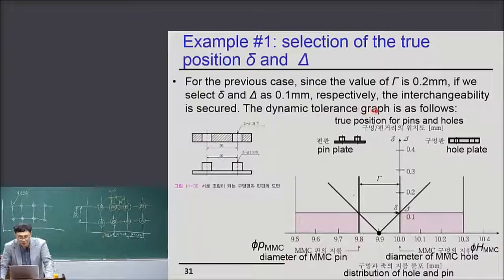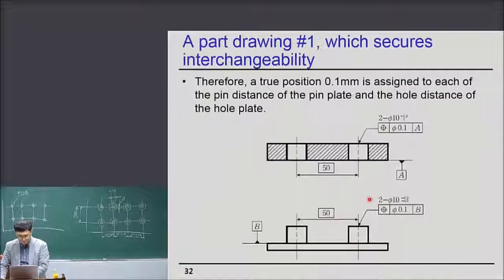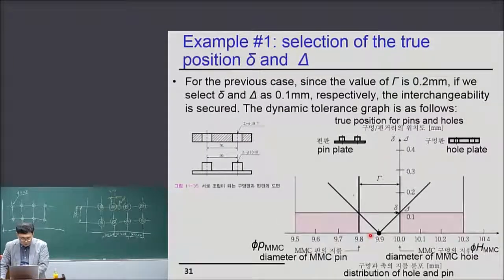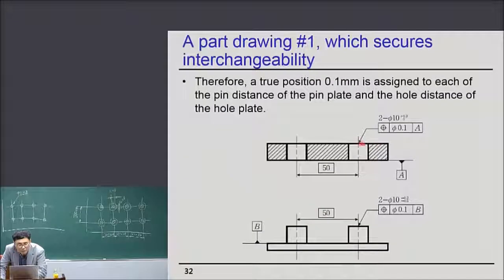The dynamic tolerance graph is as follows. Gamma is 0.2, 9.8 is the diameter of the MMC pin, and 10.0 is the diameter of the MMC hole. Now you see the small delta. Here is the final drawing, which secures interchangeability.